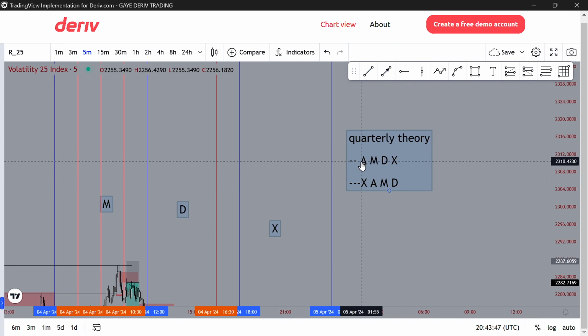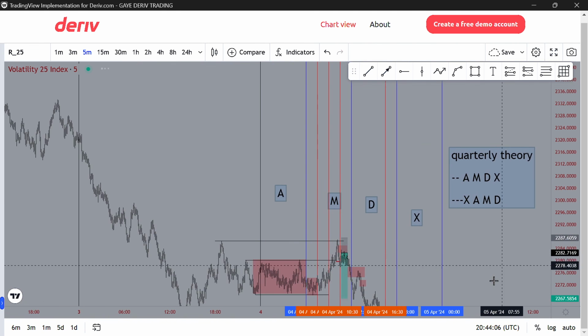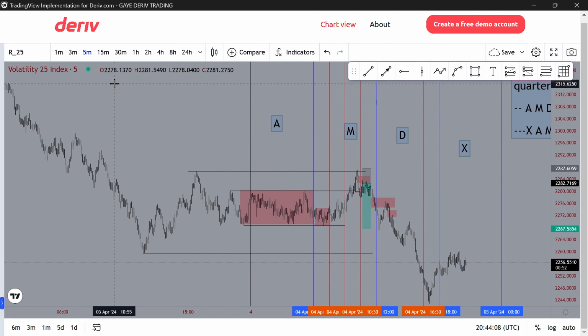If the daily starts with accumulation, you want to see it being followed with manipulation, then distribution. We don't want to see accumulation again. It doesn't make sense. We also don't want to see reversal, continuation. It doesn't make sense. We only want to see a reversal and then accumulation. That's quite simple.